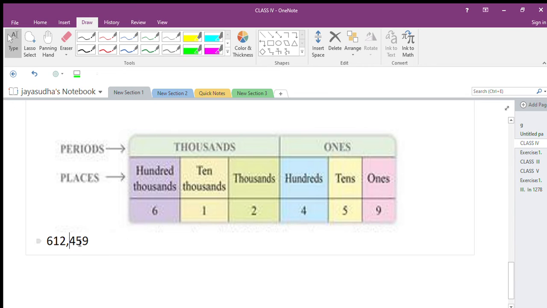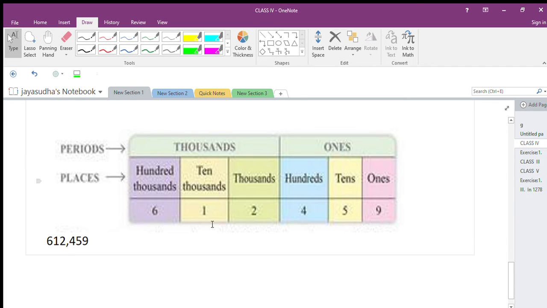How do you read this number? Listen, you read these 3 numbers joined together. 612. What period is this? Thousands period. So 612,000. Then 459.